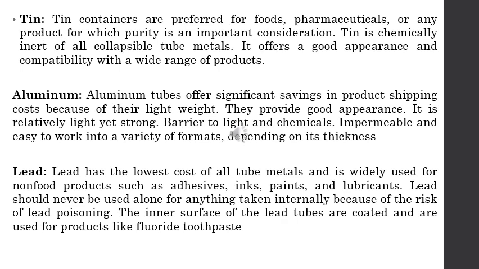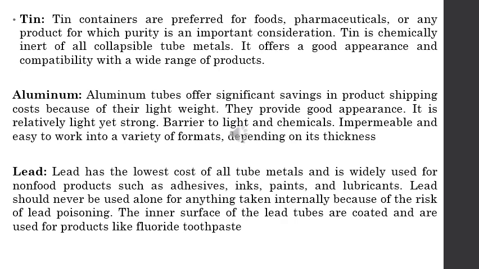The next metal is lead. It has the lowest cost, but it is generally used for non-food products like adhesives, inks, paints and lubricants. Lead is known for poisoning, so we cannot use it for packing products which are used internally.